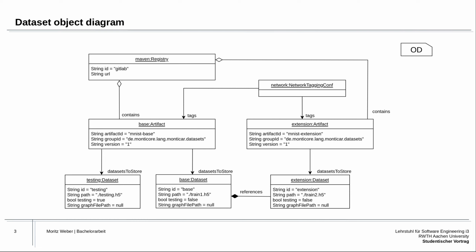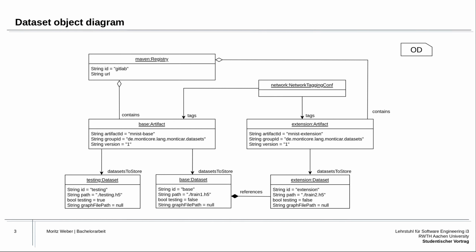In the extension artifact, we can see the second part of the training dataset, which references the base dataset. Artifacts can be installed locally, can be pushed to a Maven registry, and are specified in the network tagging configuration before training. Now, let's switch over to the technical example.